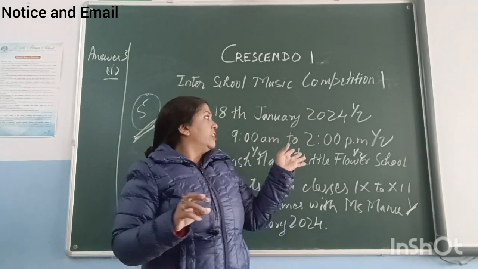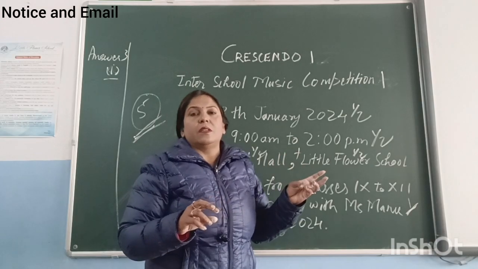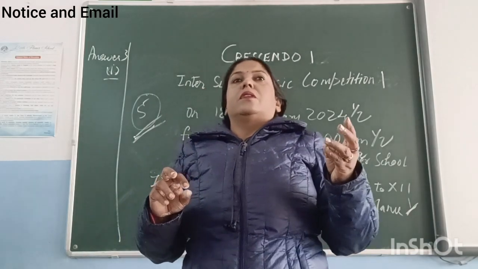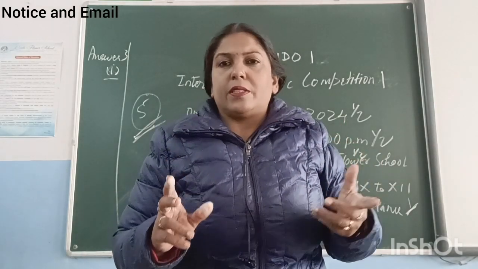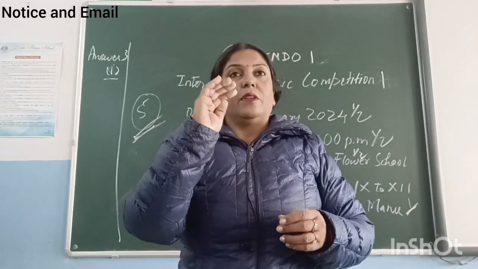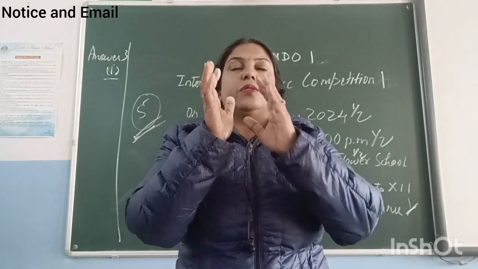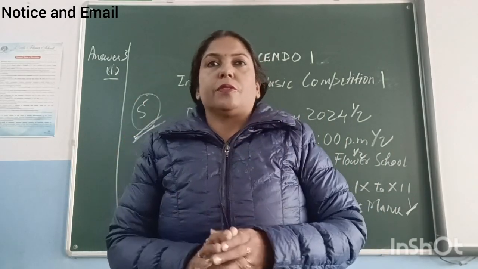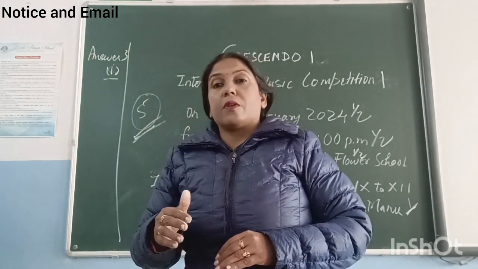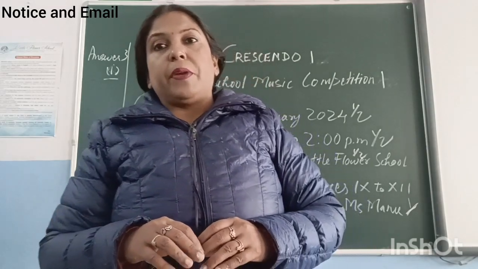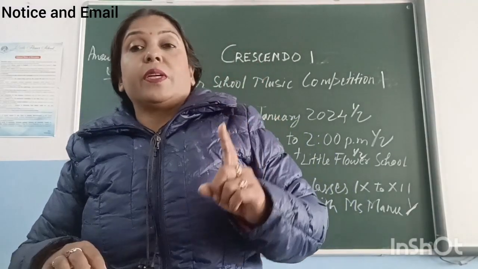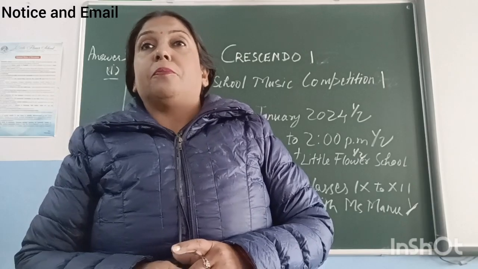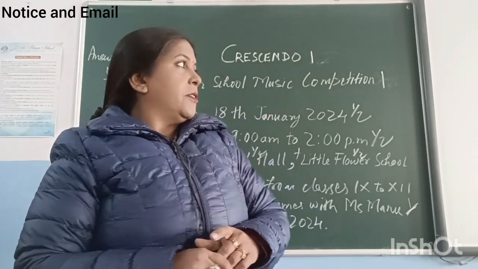So here 9 to 2 means 10, 11, 12, 1, 2, 3, 4 hours, right? It is good enough and wise enough to have a span of at least 4 hours for a competition, because at least 2 or 3 schools will be participating. It's not only one single school participating in the event.